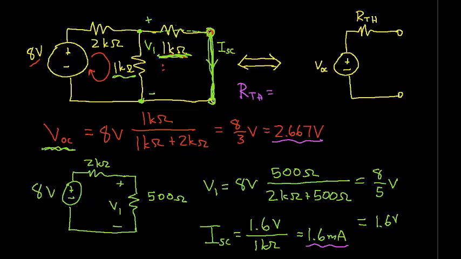RTH is 2.667 volts over 1.6 milliamps, which when I work this out should be equal to, well, let's see what it is when we work it out. It turns out to be 1.667 k ohms.